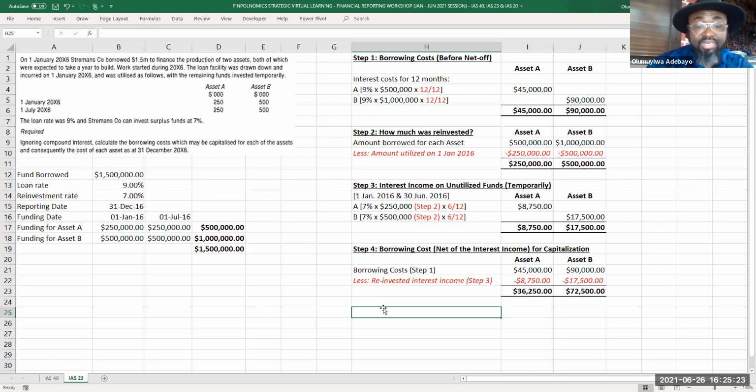Now, the final question says, step 5. What would be the acquisition cost or capitalization cost of the assets as at when the asset was completed? It was completed on 31st December 2016.